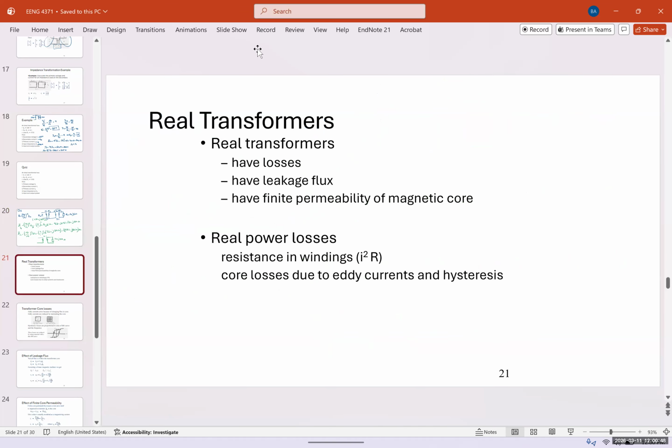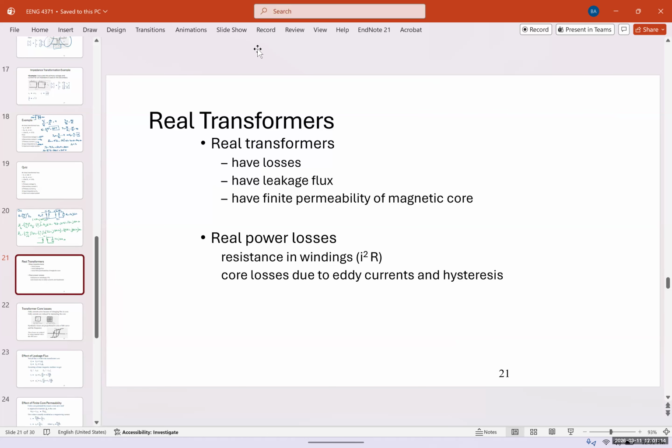Now, we discussed ideal transformer, but obviously in the real world, real transformers don't have ideal parameters. They have losses in both the core, and you have loss in the copper as well. So that's a problem. You also have leakage flux.